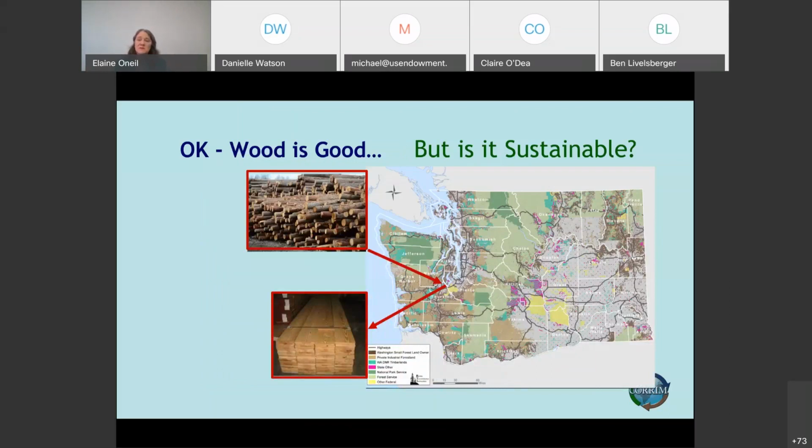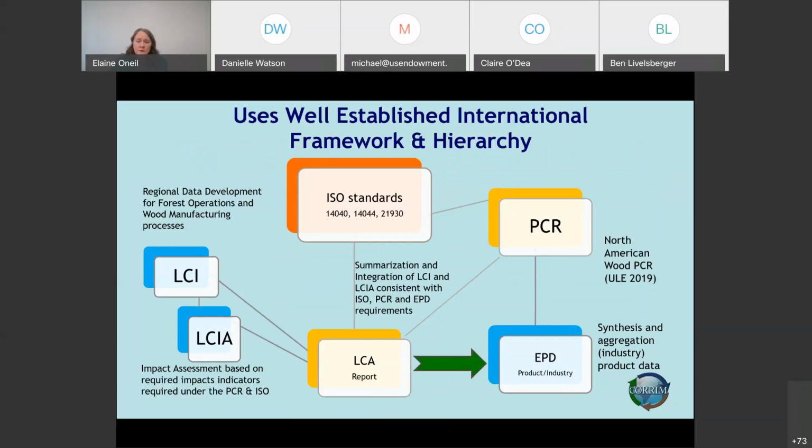But their question is, is it sustainable? Can you keep doing this forever? That means that we have to think of new ways and new methods of data to get to the information that we want. So I'm going to go back to this chart, and we're going to zero in on ISO 21930 for a minute. ISO 21930 talks about the need to look at the sustainability of the wood resource.